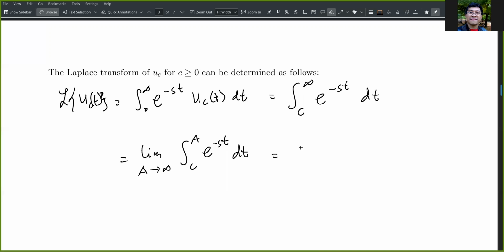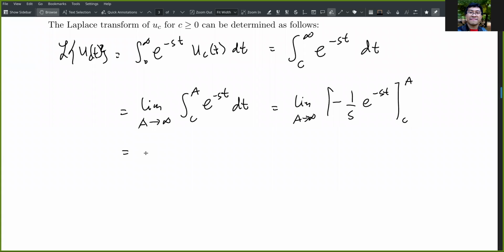So this would be the limit as a approaches infinity of negative 1 over s e to the minus st, evaluated from c to a. So this would be negative 1 over s times e to the minus sa minus e to the minus sc.